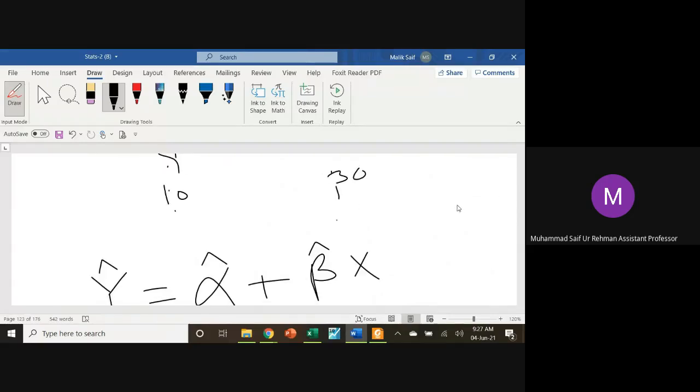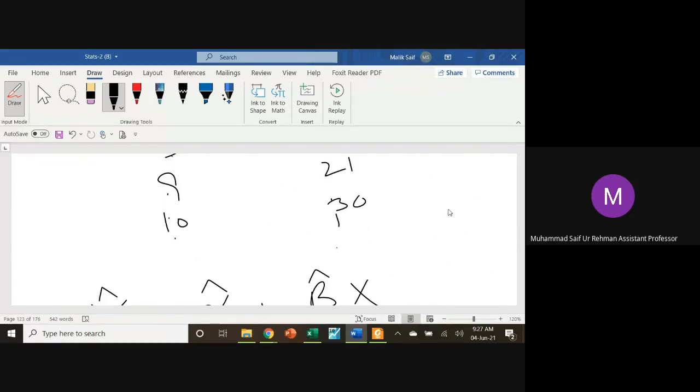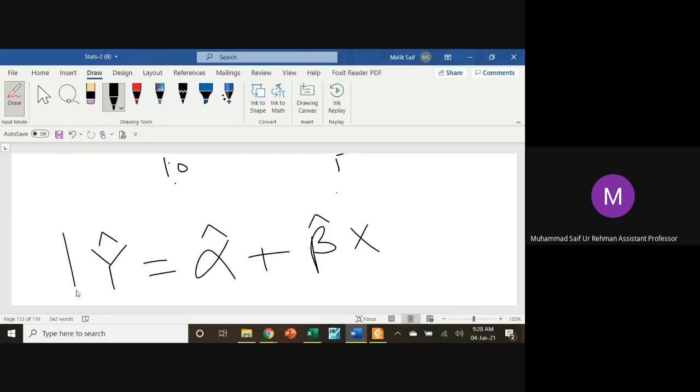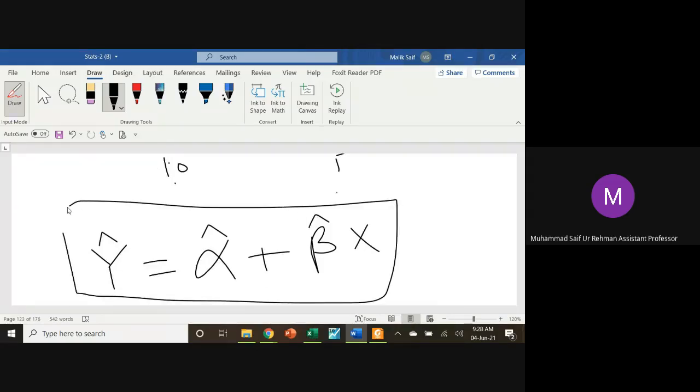But if there is some other value that you want to see, let's say you are interested in having some idea regarding GDP. You have data for the past 10 years, and now you are in 2021. With such an equation in front of you, what will be the value of GDP next year?